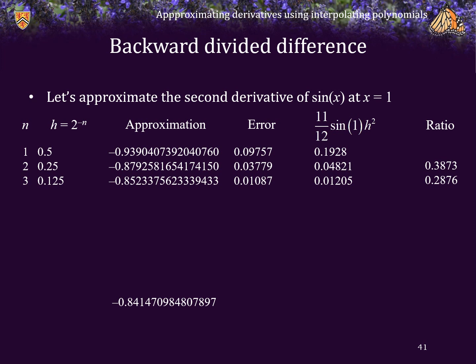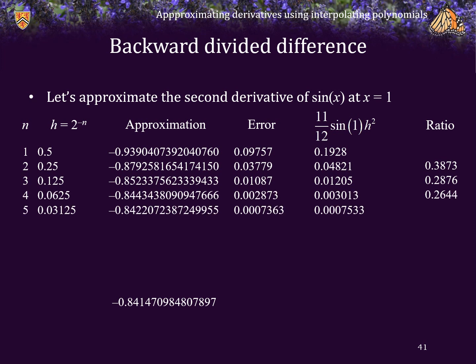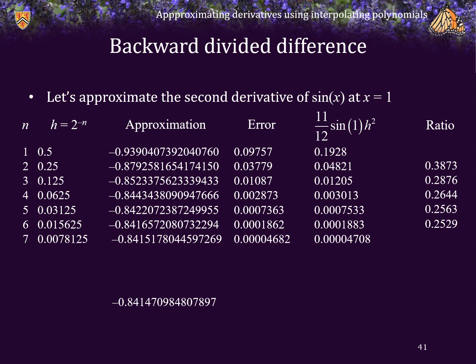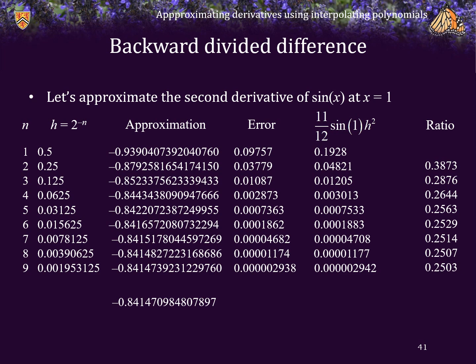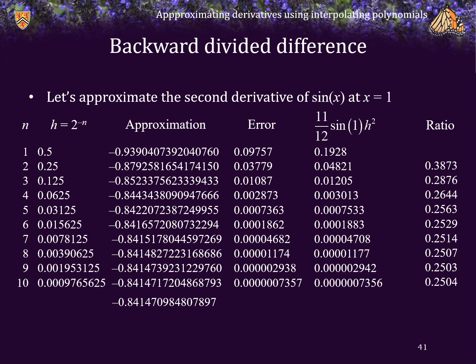But as we make h smaller, it does seem like the error continues to drop by a factor of 4. And notice that our approximation of the error is pretty close to what the actual error is. So carrying on, we get better and better approximations. And with h equal to 2 to the negative 10, it seems that once again we have 6 digits of precision. So pretty nice.